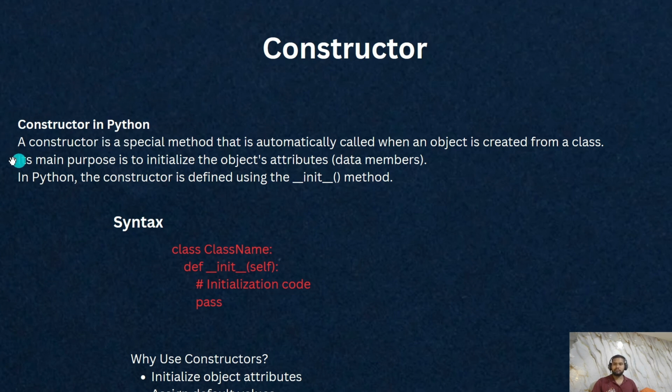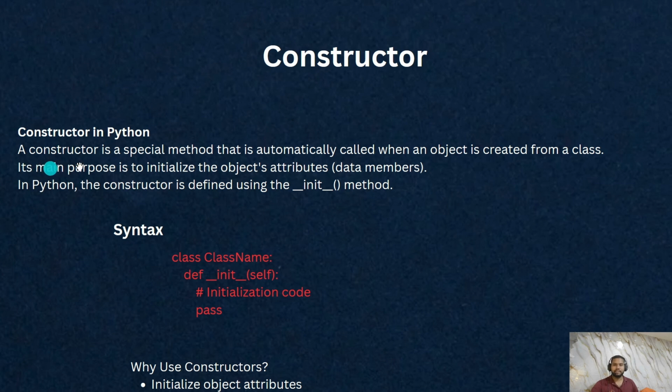What is a constructor? A constructor is a special method that is automatically called when an object is created from a class. When we create an object of a class, we can access the attributes that are available in the constructor. Just like you create a constructor in your class with some attributes, and you want to call these attributes, you don't need to write them again.